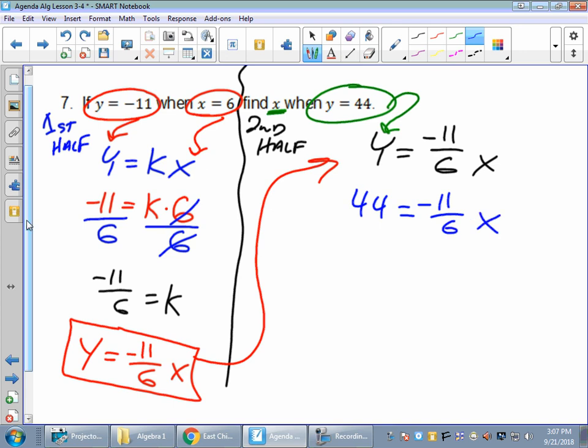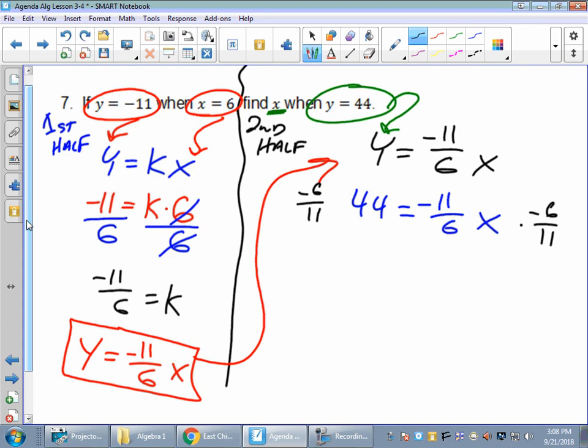And now I have to solve for x. Well, I'm being multiplied by negative 11 over 6. So what do we have to do? We have to divide. Or, in the case of fractions, we multiply by the reciprocal. So I would multiply by negative 6 over 11. I've got to do that on both sides. Negative 6 over 11. So we know that's going to happen over here on the right side. It's going to cancel out. On the left side, we've got some tricky math we can do.